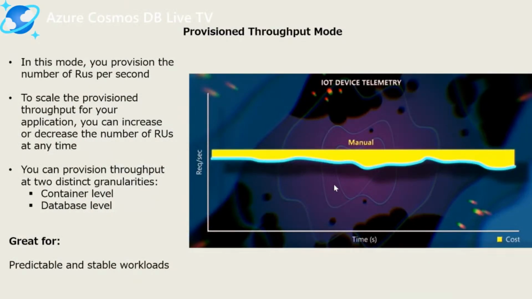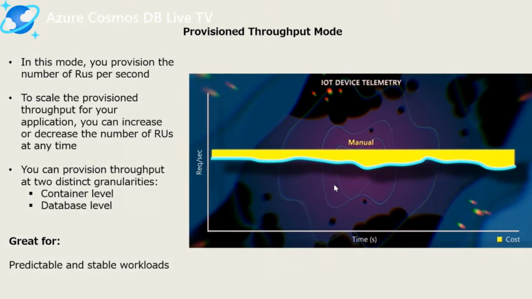When we talk about throughput, we already talked about RUs, how an RU is a virtual currency that we use for reads and writes. Then we talked about throughput, the rate at which we consume these RUs. Now, as I mentioned, it's very easy in Cosmos DB to change this throughput.